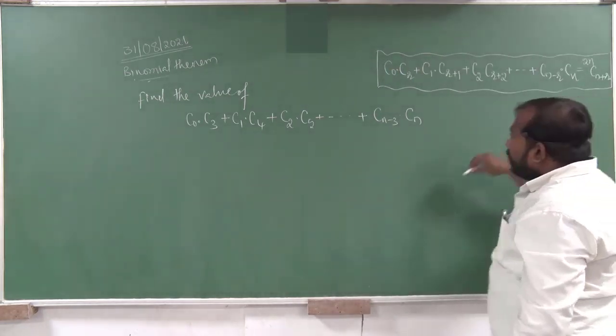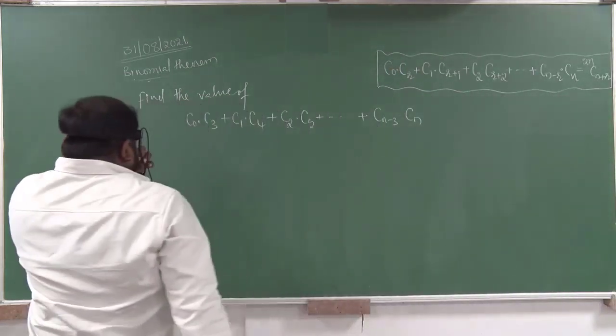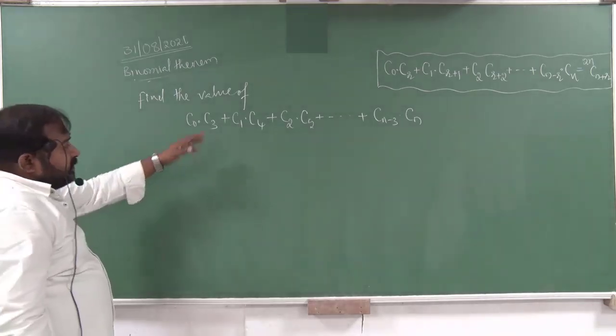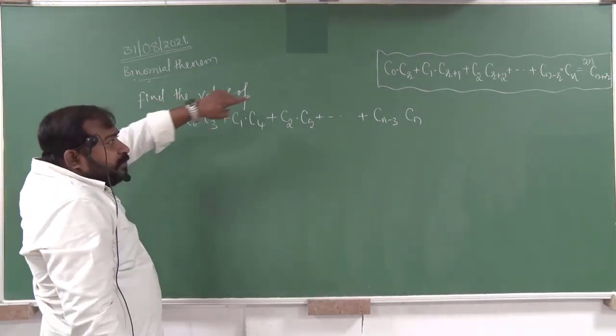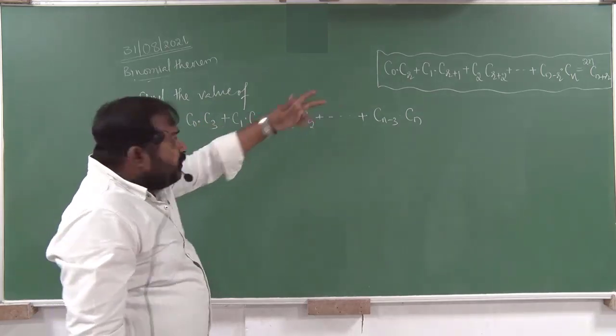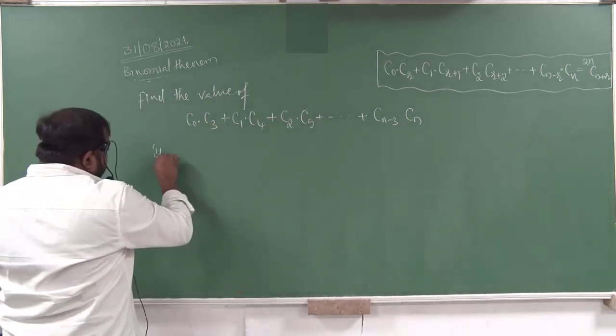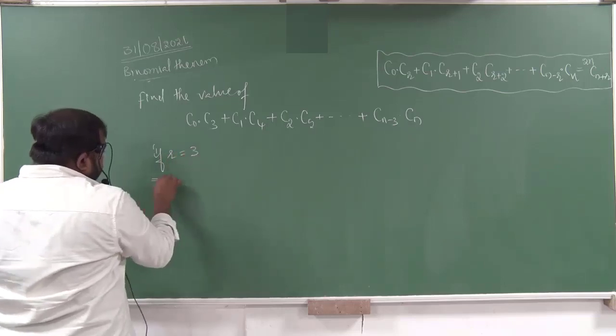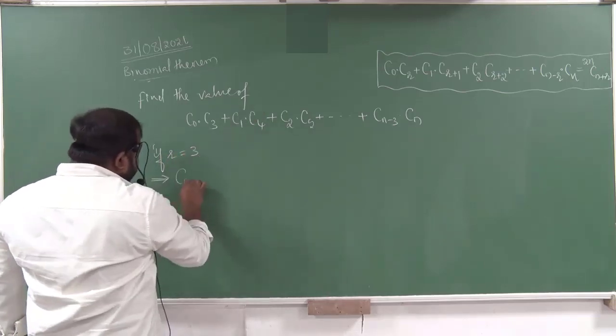So here is the given example: find the value of C0 into C3 plus C1 into C4. This is the application part of the theorem. Simple logic: if r is equal to 3, then you get the value directly.